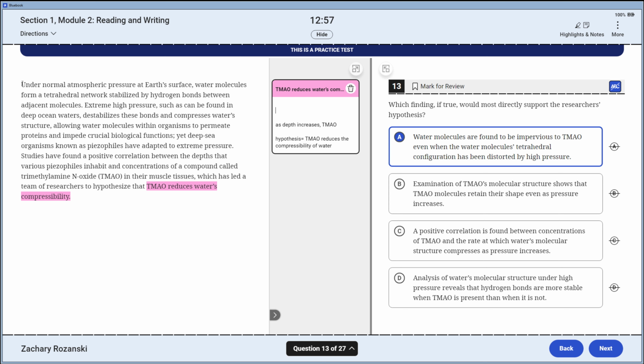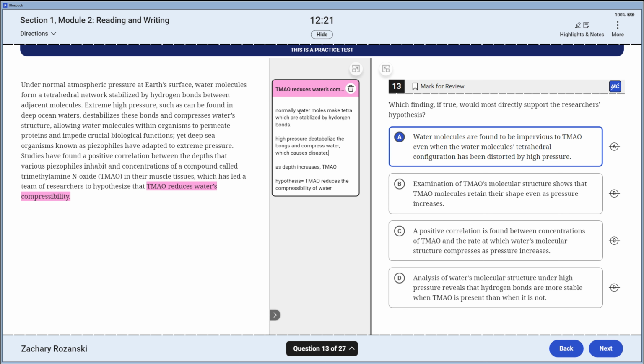Tetrahedral. So under normal atmospheric pressures of Earth, water molecules normally make tetrahedra, which are stabilized by hydrogen bonds. High pressure, such as can be found in deep waters, destabilizes the bonds and compresses water.